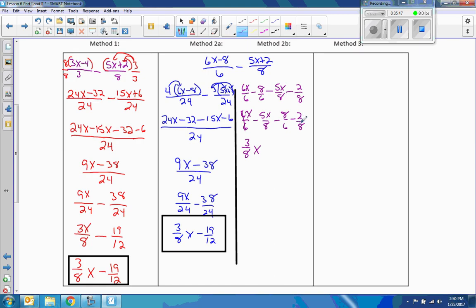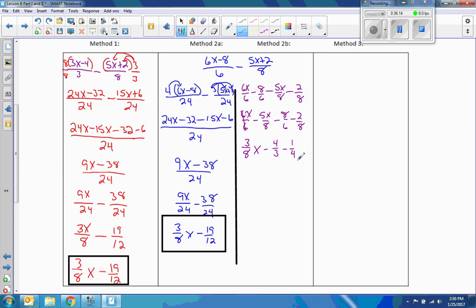And then I need to make these common denominators. So I can reduce this. 8/6 is 4/3. And 2/8 is 1/4. So the first thing I'd like to do is reduce them so I don't have to use such large numbers.